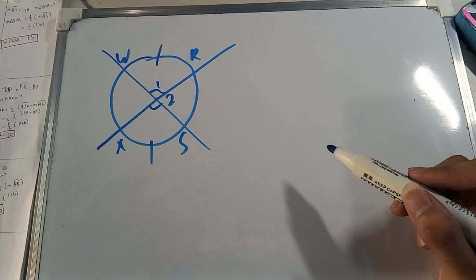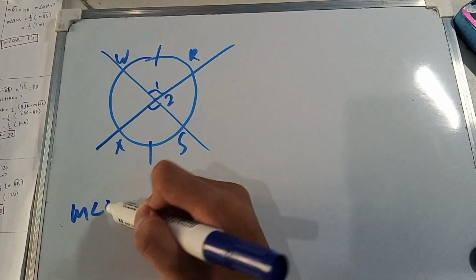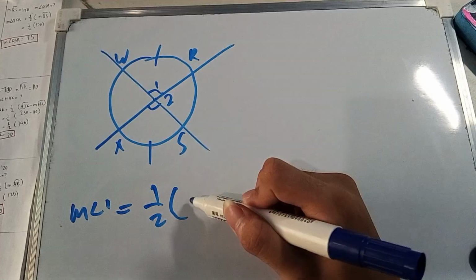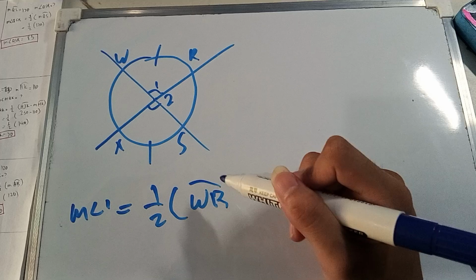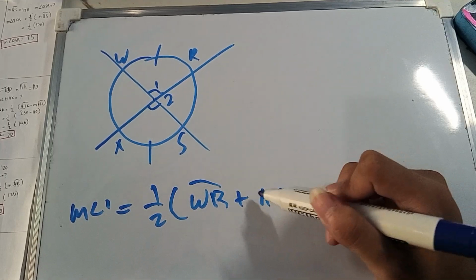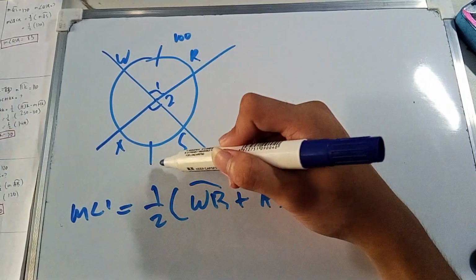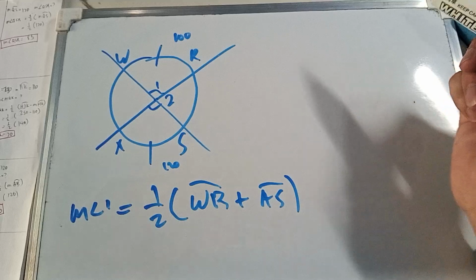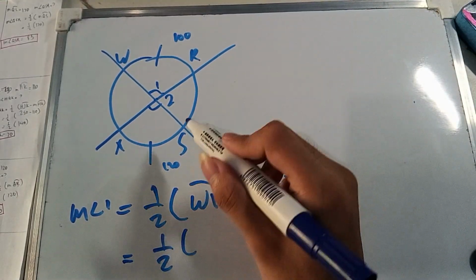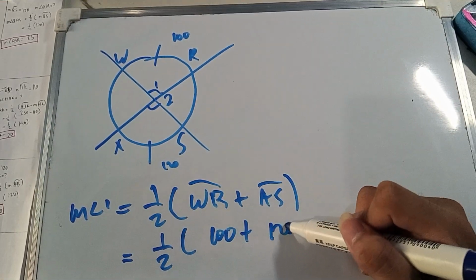Now, as I said, the measure of angle 1 is equal to 1/2 of arc WR plus arc AS. Okay, so let's say this is 100 and this is 120. So if we substitute, we get 1/2 of WR, which is 100, plus 120.